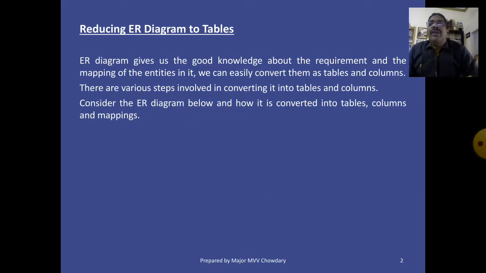ER diagram gives us the good knowledge about the requirement and the mapping of the entities in it. We can easily convert them as tables and columns. There are various steps involved in converting it into tables and columns.